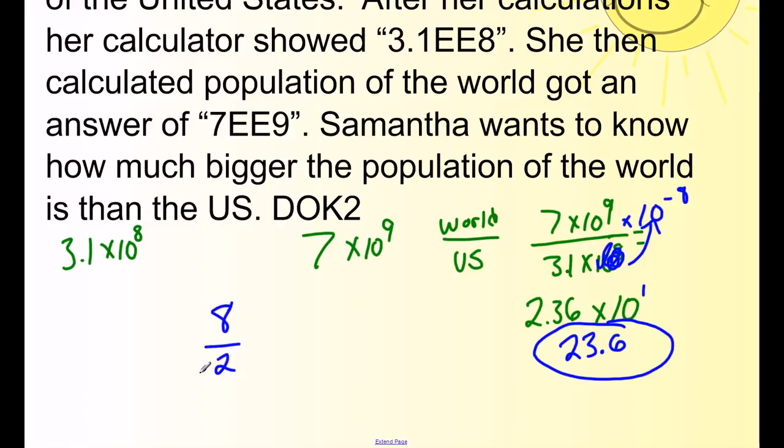So how many times bigger is the 8-foot sandwich than the 2-foot sandwich? Well, if you do the math and you simplify this, you find out it's 4 times bigger. That's kind of what we did. The world population over the United States population, we divided, and we found it's 23.6 times bigger.